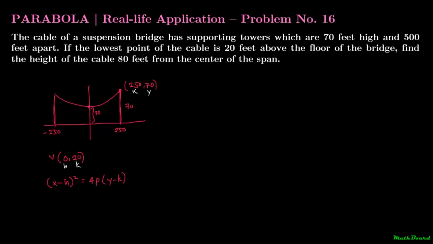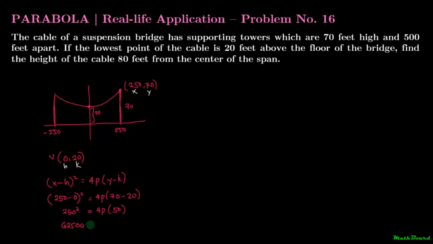So, isolve lang natin. So, we have, ang x natin ay 250, ang h natin ay 0, then 4p, ang y, 70, ang k, 20. That's 250 squared equals 4p, then 70 minus 20, that's 50. So, 25 times 25, that's 625.